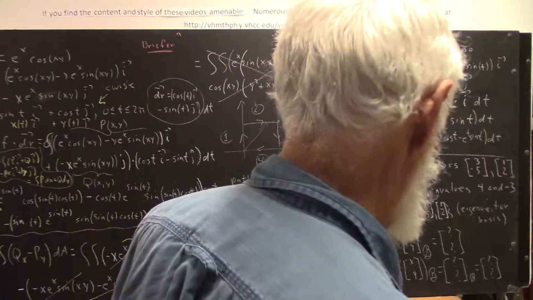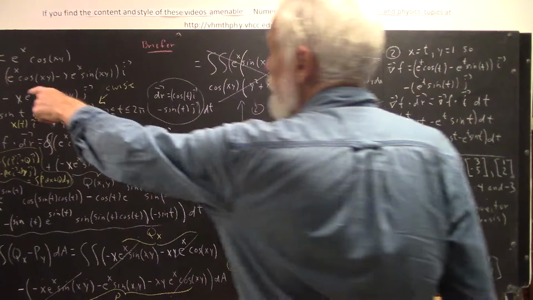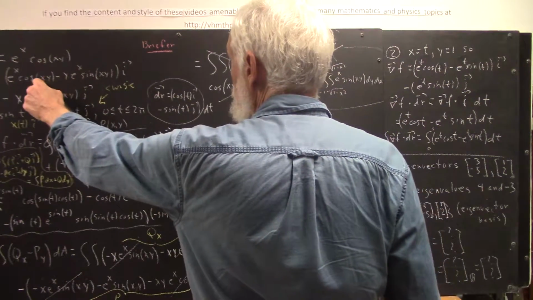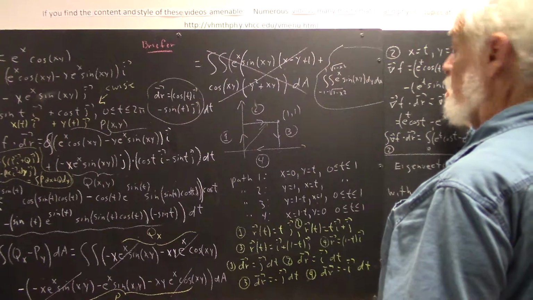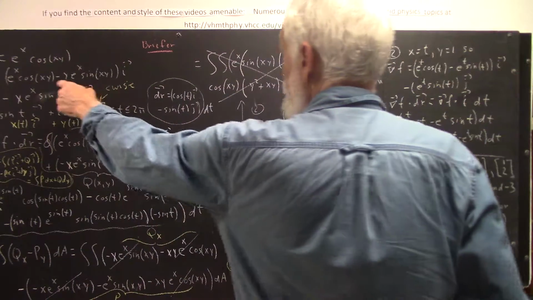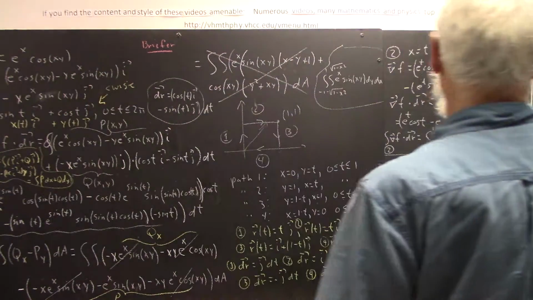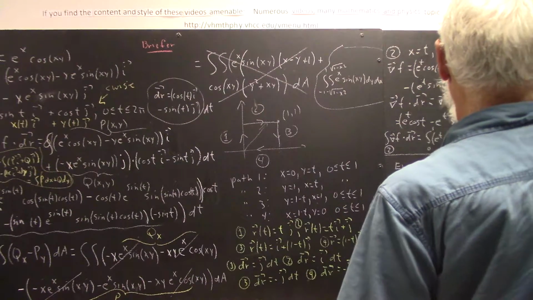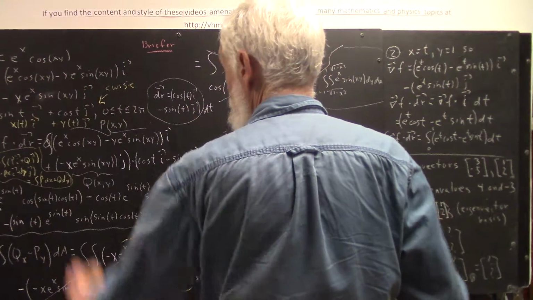Okay, so we're going to get e to the x cosine of xy. If y is 1 and x is equal to t, that's going to give us e to the t cosine t. Over here, y is 1, x is t. We're going to get e to the t sine t. And those two are going to give us our i component. Of course, we're going to have the negative sign there. That's not going to be changed.